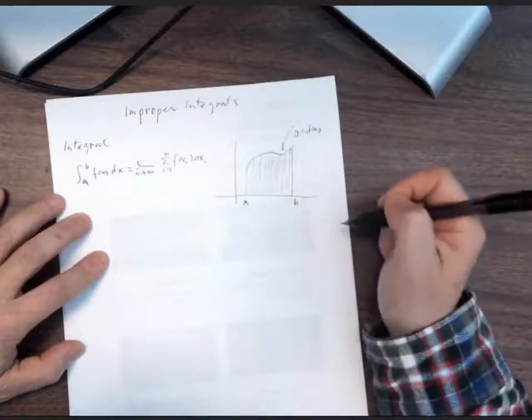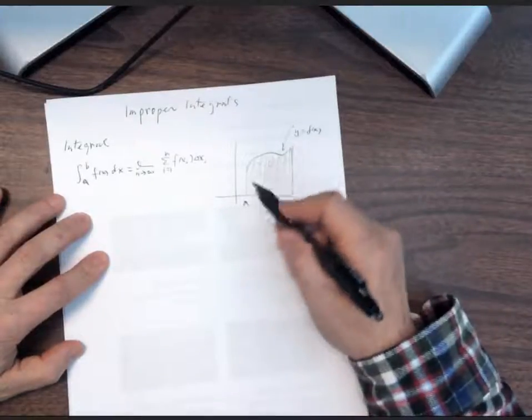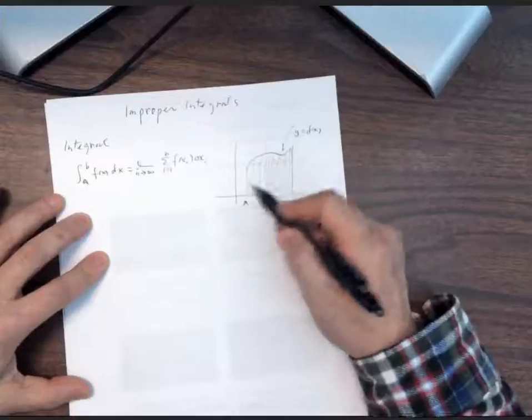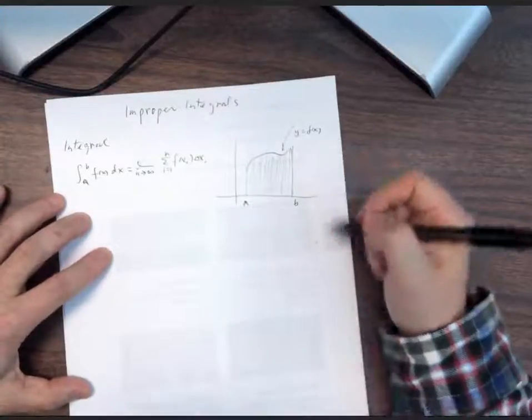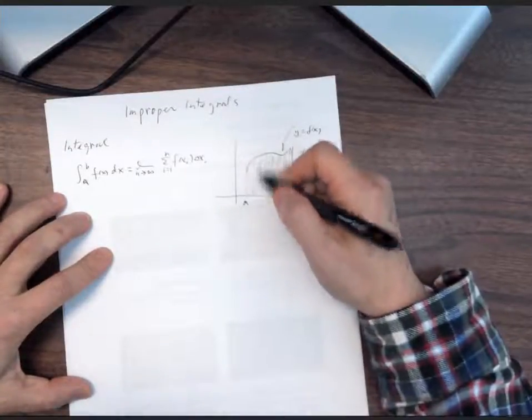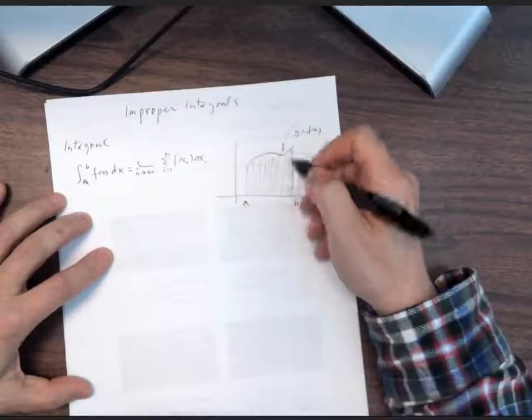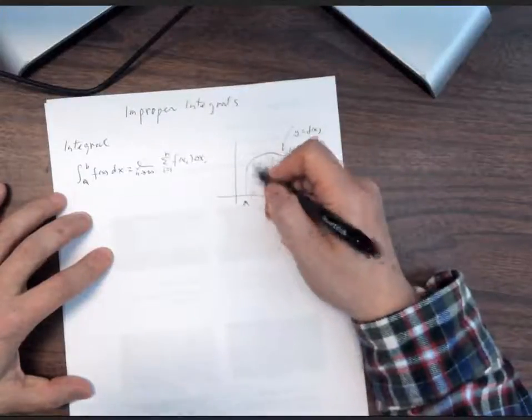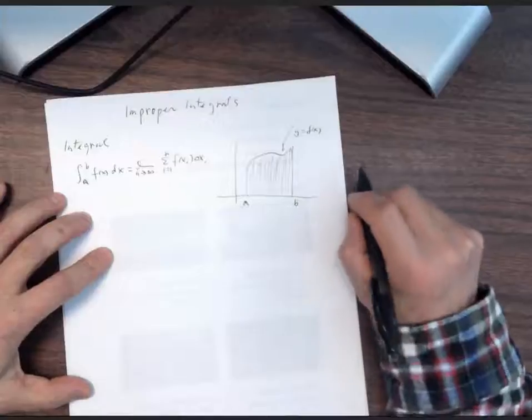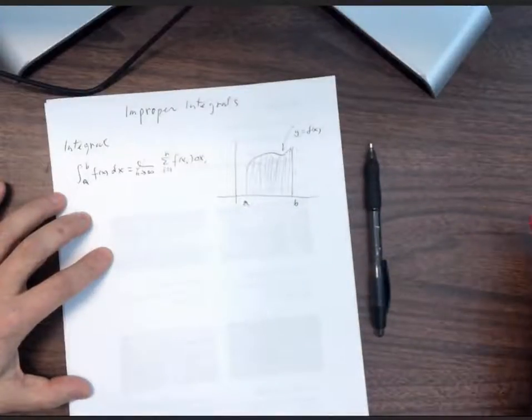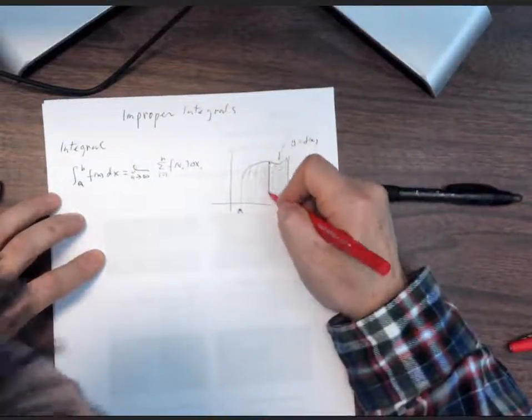Now, to estimate the area of this shaded region, what we do is divide this region into n parts, slice it up into n sections. Pick a section or strip.